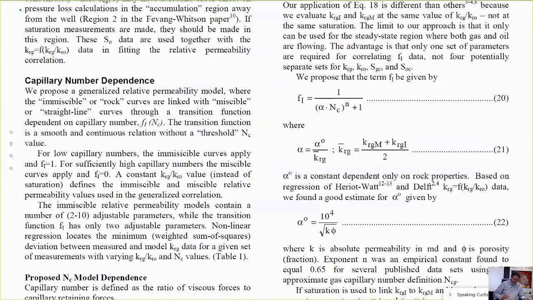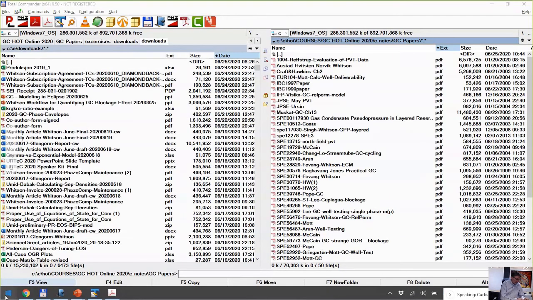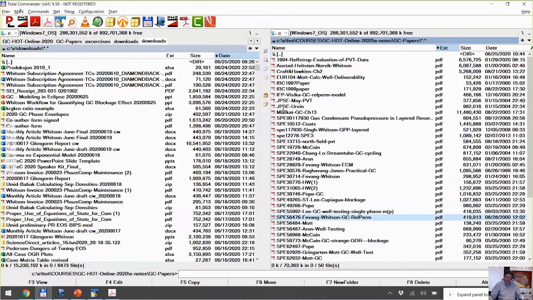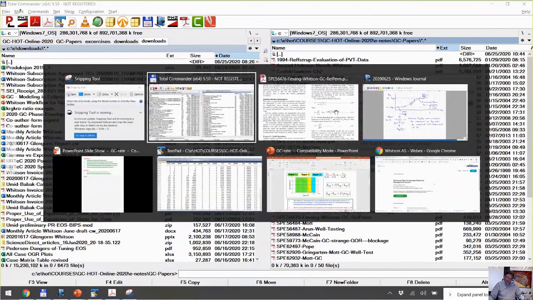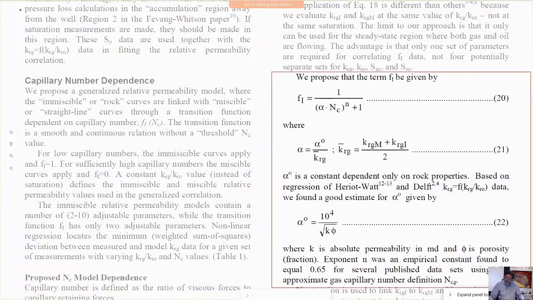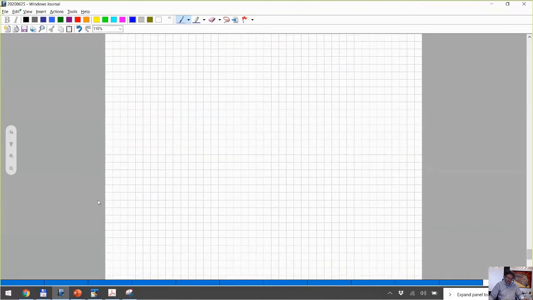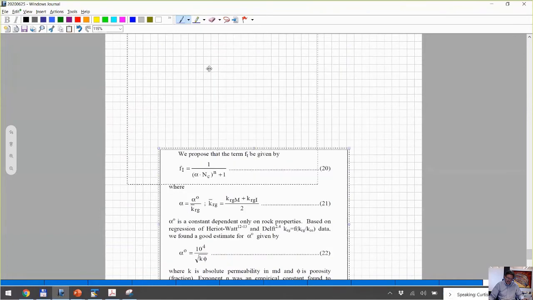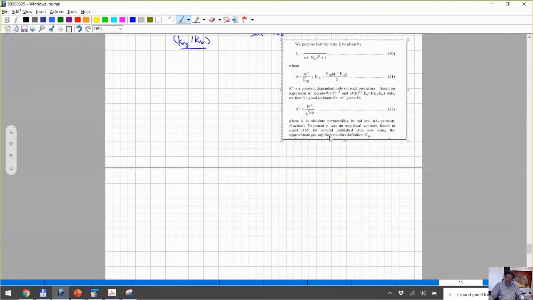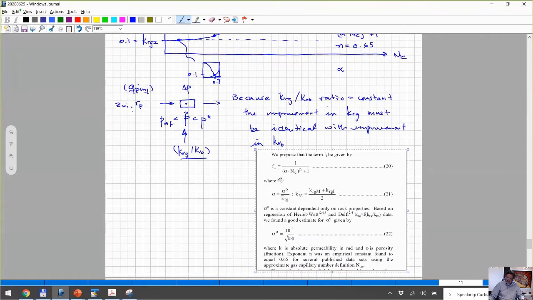Let me just get a snip. Right. Anyway, so this is the equation.